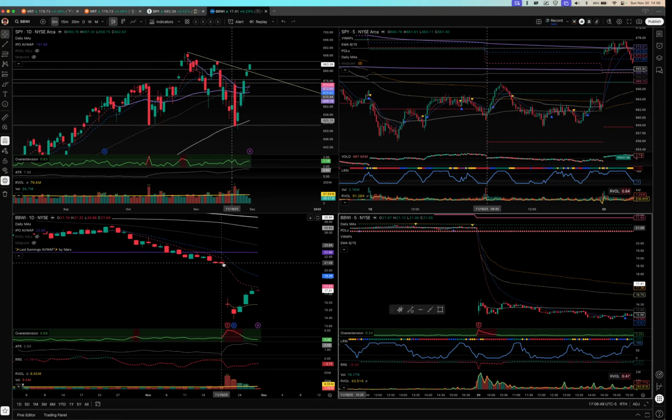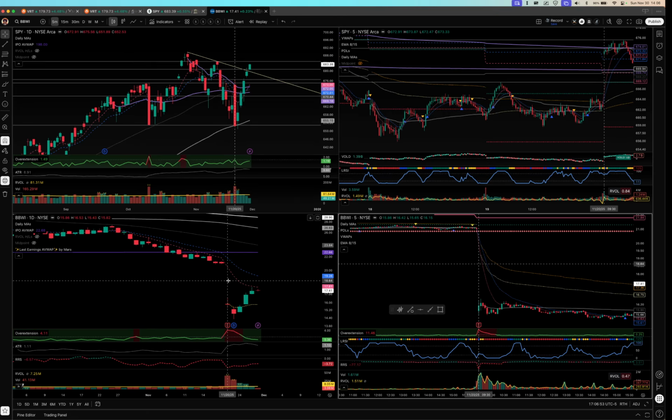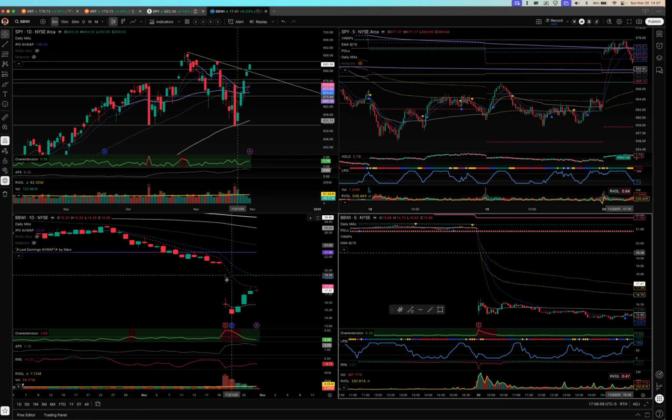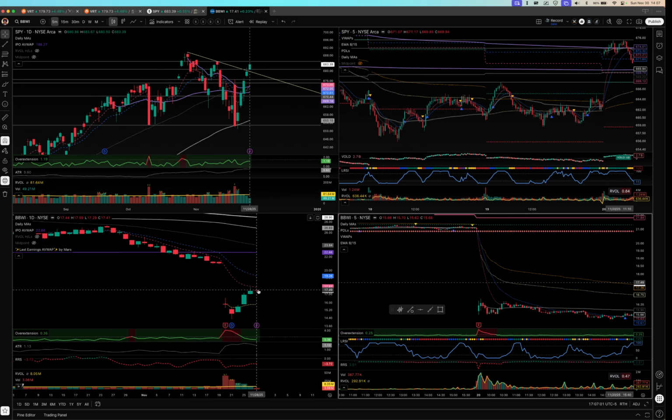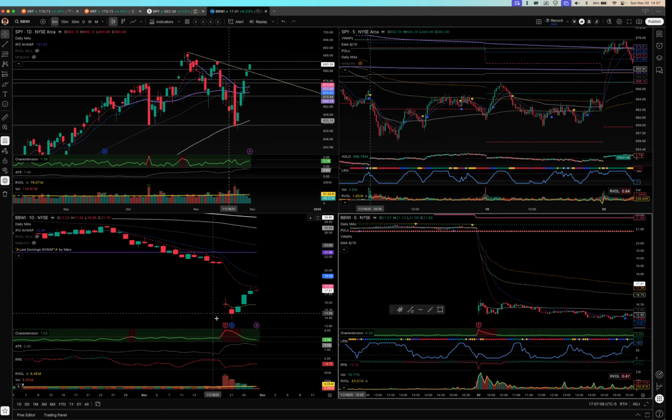And you really don't have to get to 21.50. If it comes up over halfway to like 18, 19-ish, you can probably at least get out for a scratch. But yeah, that didn't do anything, and then it expired worthless on the 28th. It just didn't reach enough. The long calls expired worthless, and I took the max loss on that position. So that was BBWI.